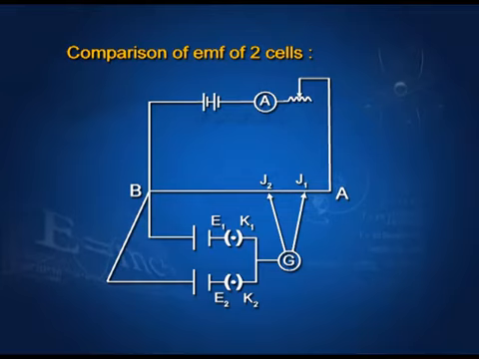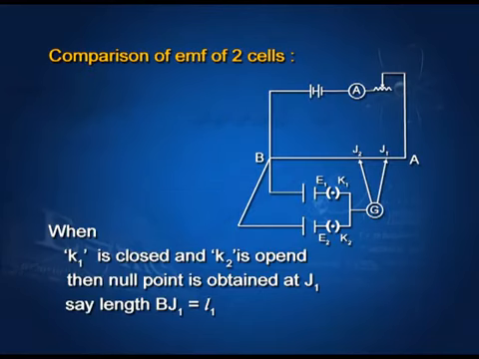Comparison of EMF of two cells. Two cells of EMF E1 and E2 are connected at point B as shown in the diagram. Always remember, all the positive terminals of all the cells are connected at the same point. When key K1 is closed and key K2 is open, the null point is obtained at J1, say length BJ1 equals L1.